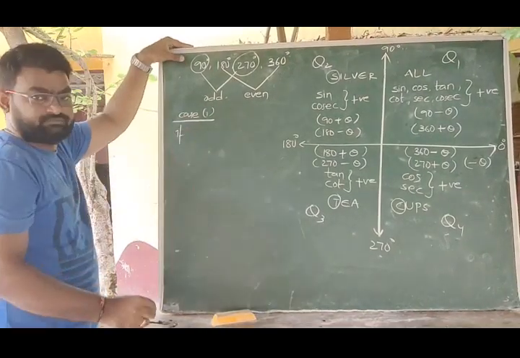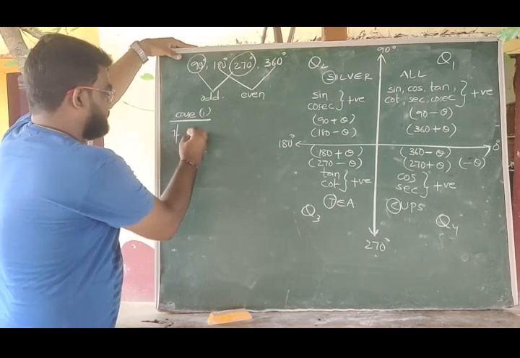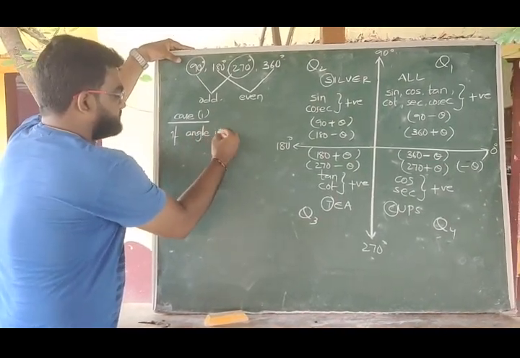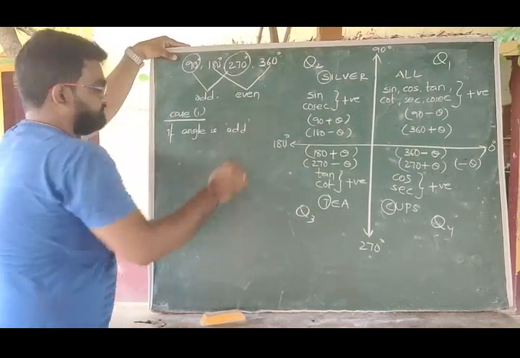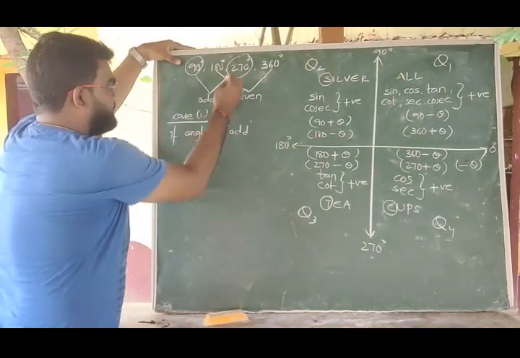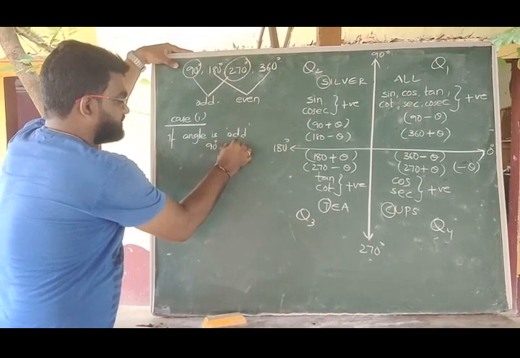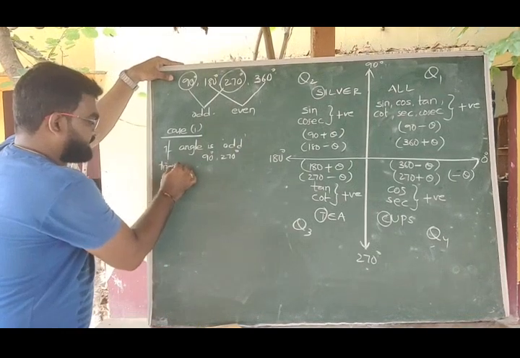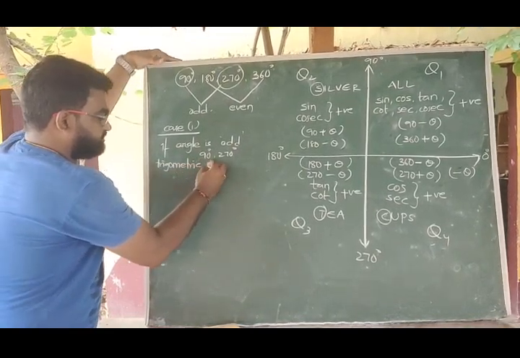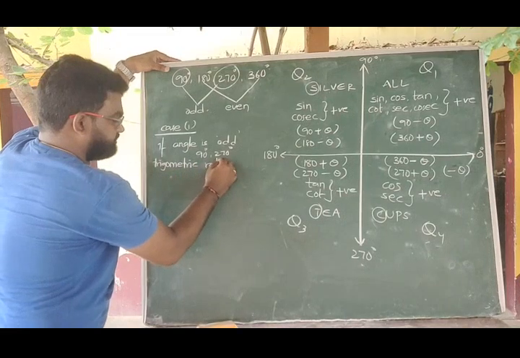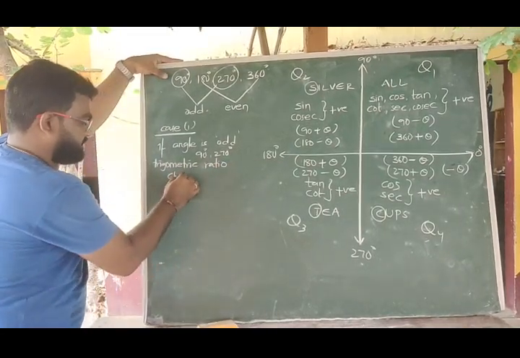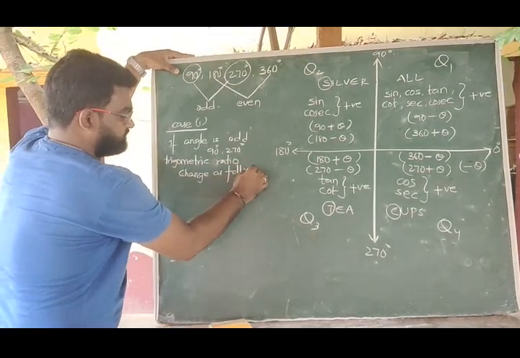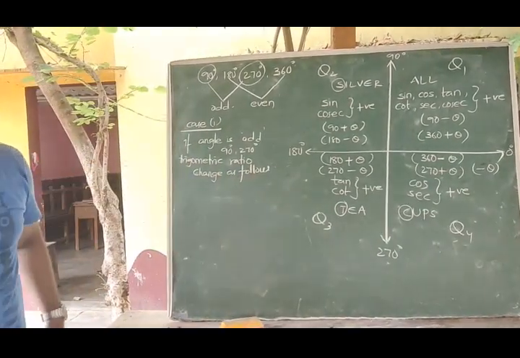If the angle is odd. Odd means what? 90 and 270. Then the trigonometric ratio will be changed.